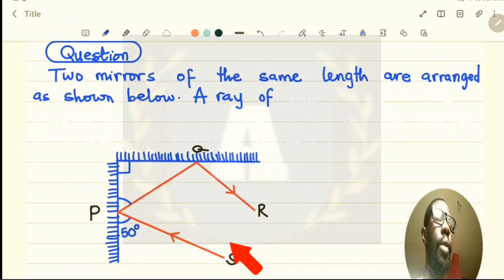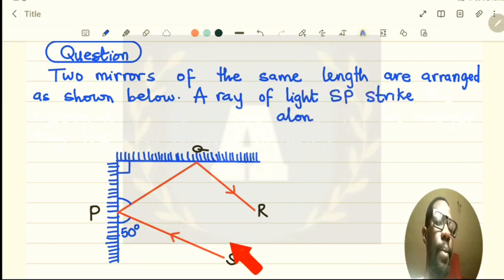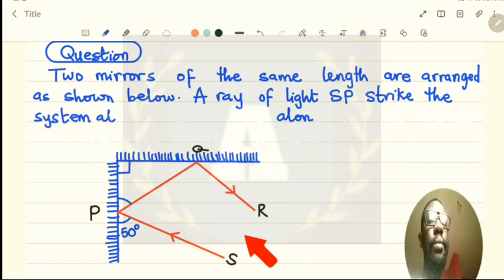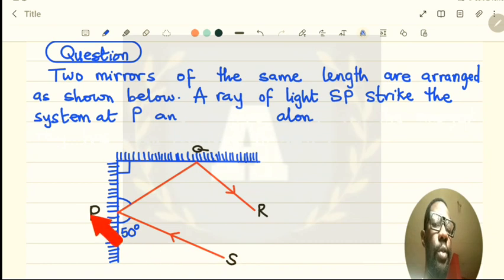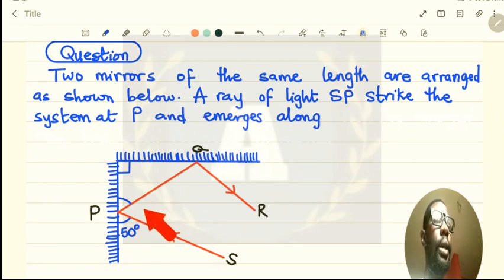A ray of light SP strikes the system at P and emerges along QR.